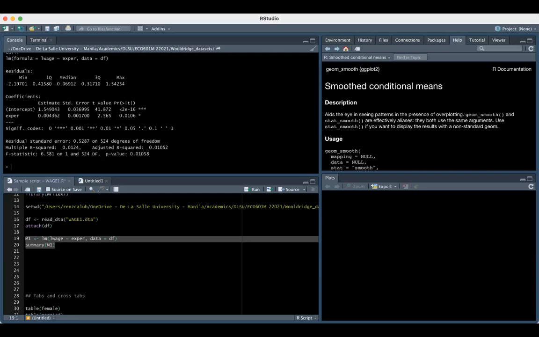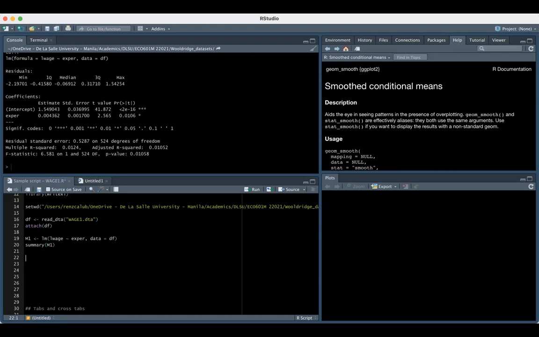And you also have your estimate for the intercept, which just tells you the average value of log of wage when experience is 0. Of course, setting an independent variable to 0 may not make sense all the time, so it depends on the model that you're trying to construct.